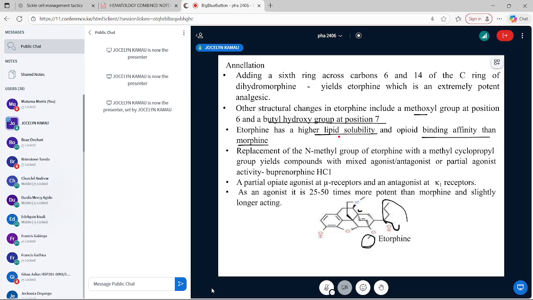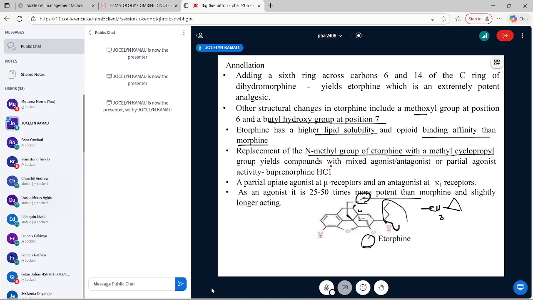The replacement of the N-methyl group of etorphine with a methyl cyclopropyl. So you can see this is a methyl group there. So we are saying if we replace that with a cyclopropyl, already we have the CH2 there, and then now we put the cyclopropyl. That is what we have in naltrexone.